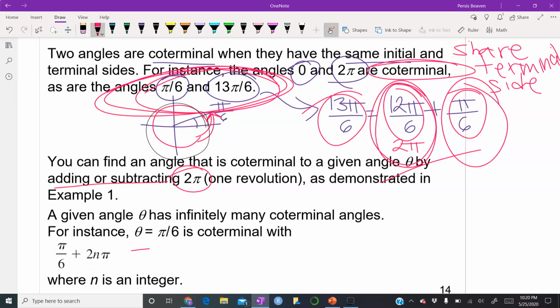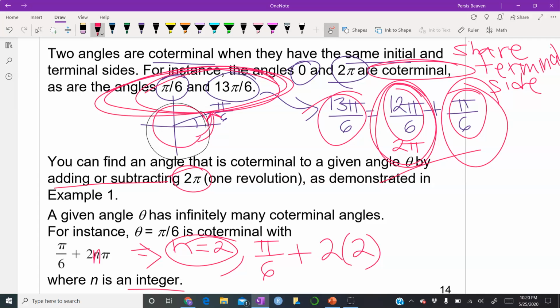For instance, let n, this variable here, which is an integer, equal 2. Then it will be pi over 6 plus 2, and we substitute n with 2, because that's what we said here, times pi. That will be the same as pi over 6 plus 4 pi, because 2 times 2 is 4.